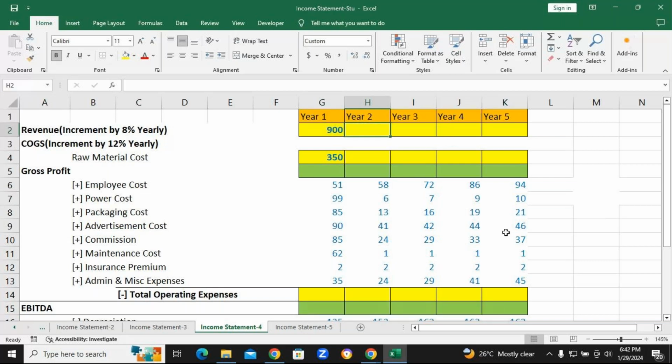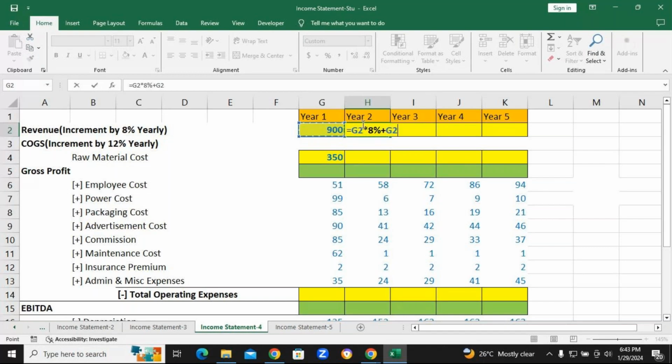I'll type equals, take the previous year revenue into 8%, plus the previous year value.